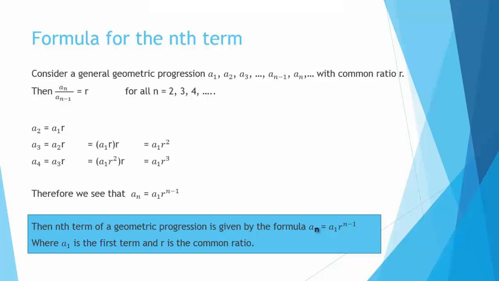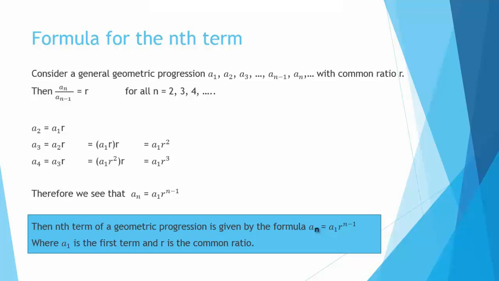Then a2 equals a1 times r, a3 equals a2 times r, and by substituting for a2 we get a1 r times r, which equals a1 times r squared. Then the fourth term a4 equals a3 times r, which equals a1 r squared times r, which equals a1 times r cubed. Therefore we see that an equals a1 times r to the power n minus 1.